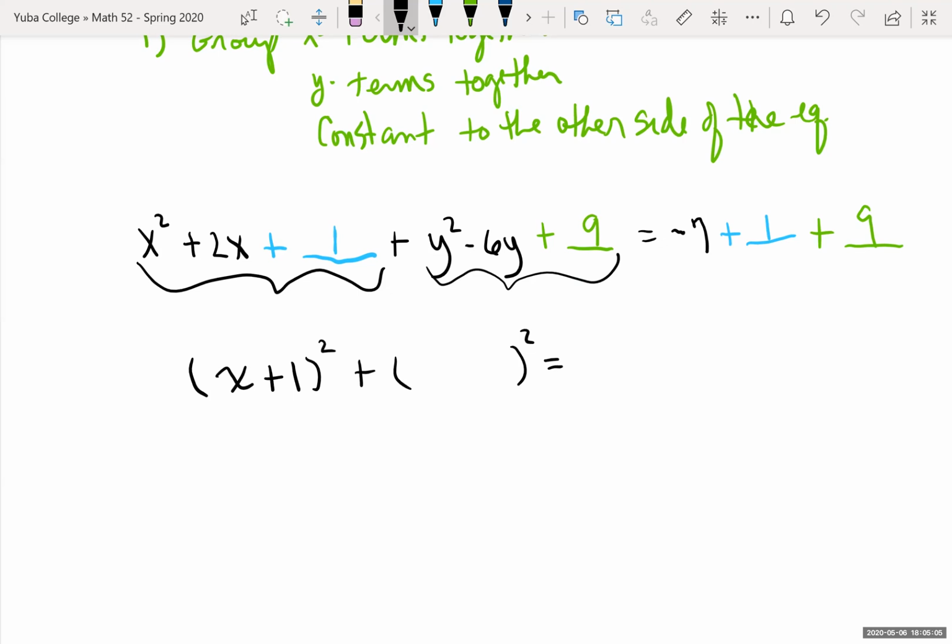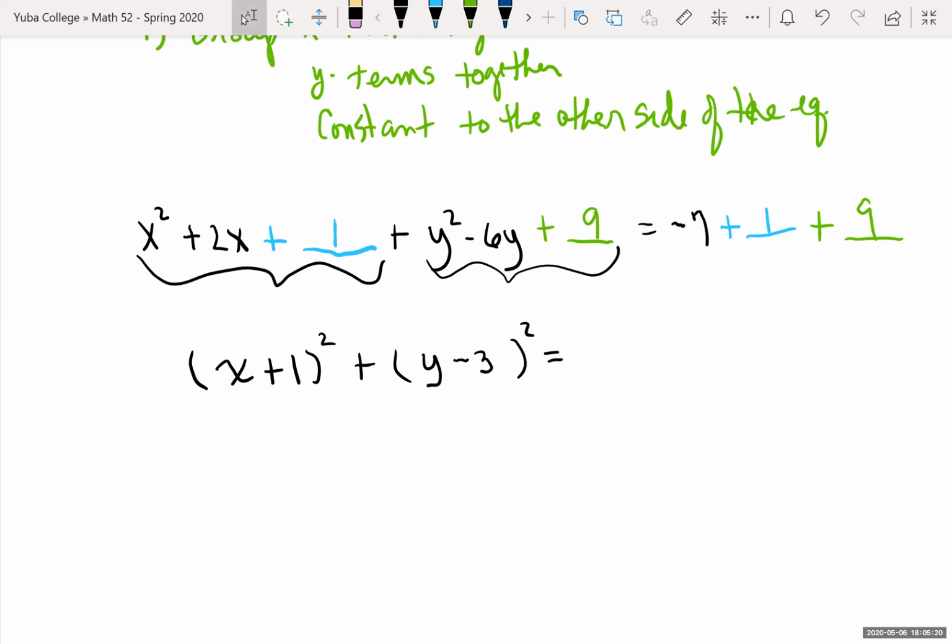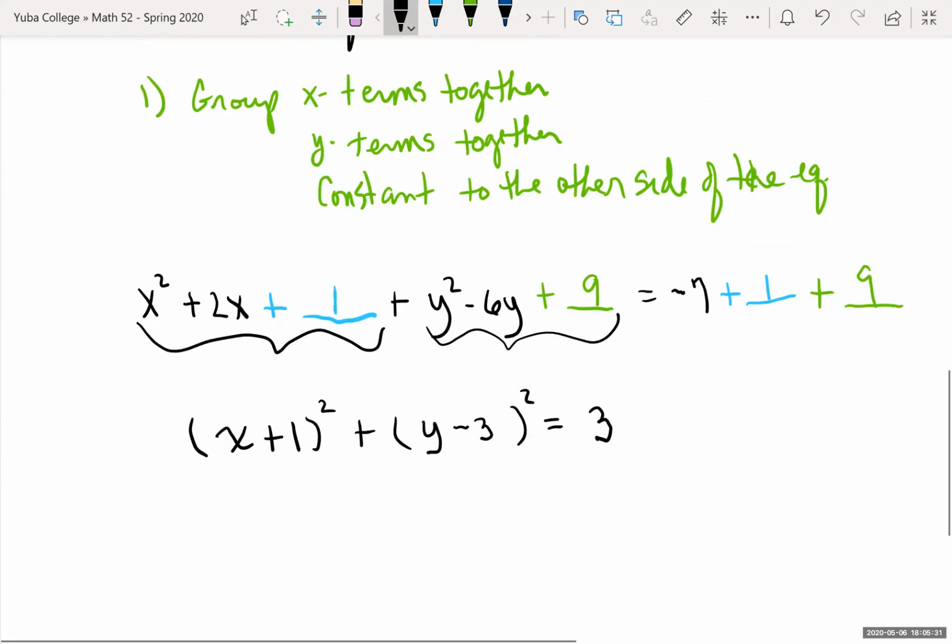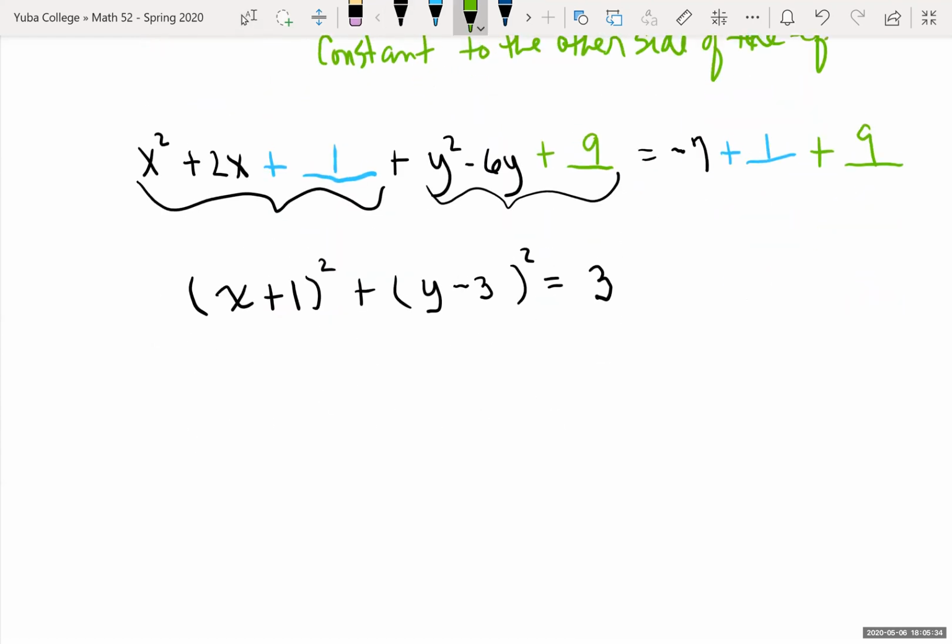And y squared minus 6y plus 9: the same number that multiplies to give you 9 and adds to give you -6 is -3. So this is y minus 3 quantity squared. And then, -7 plus 1 is -6, and -6 plus 9 is 3. So maybe I should put this here: complete the square on x and y terms.